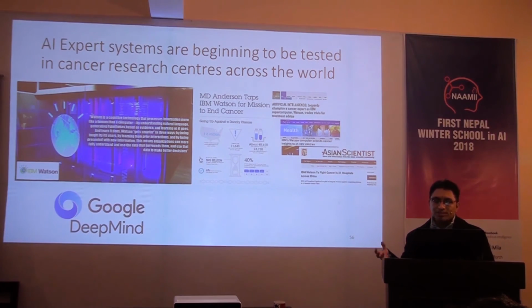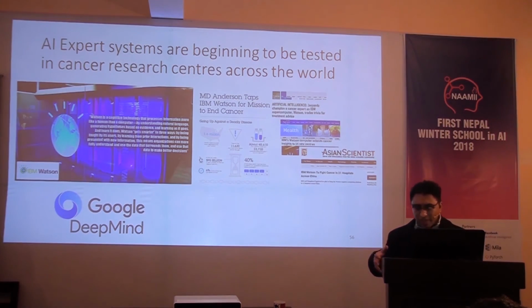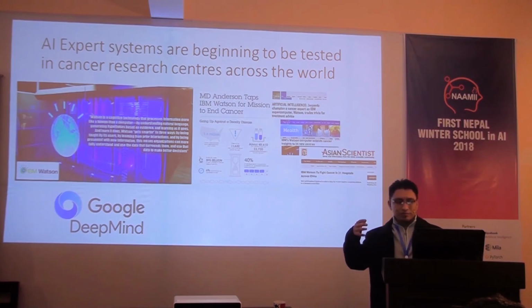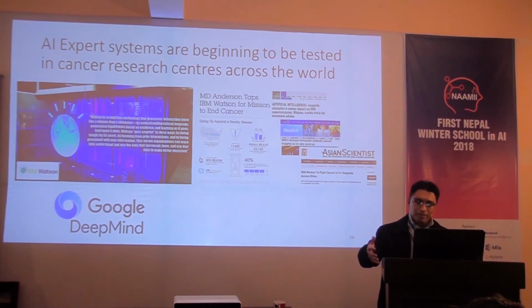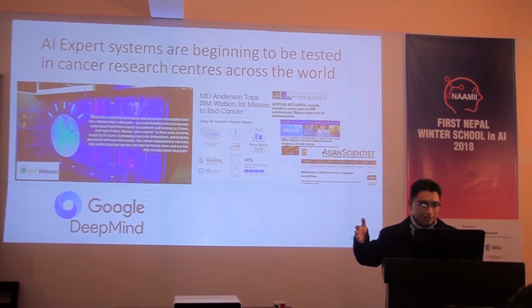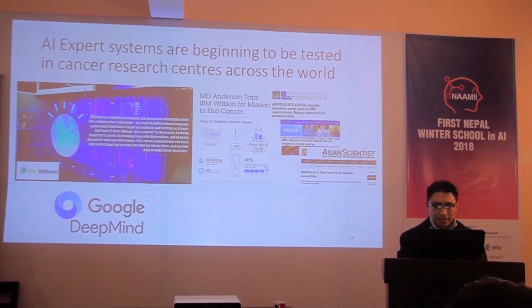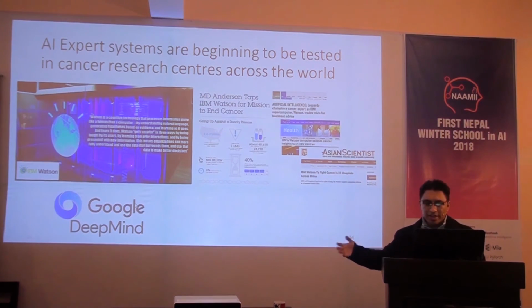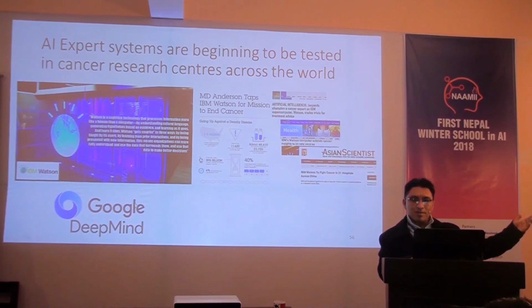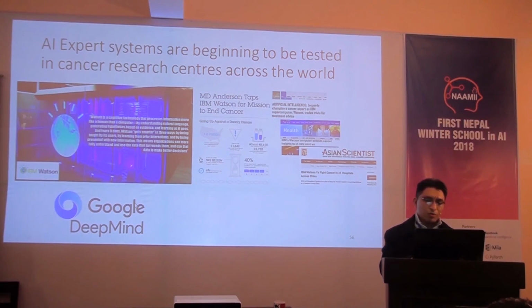These systems are being used in different cancer centers around the world to identify the correct treatment for different cancer patients. One is IBM Watson, and the other is Google DeepMind, which is being used in the UK. But the problem is that there was a lot of hype around 2014, 2015 when it was introduced.